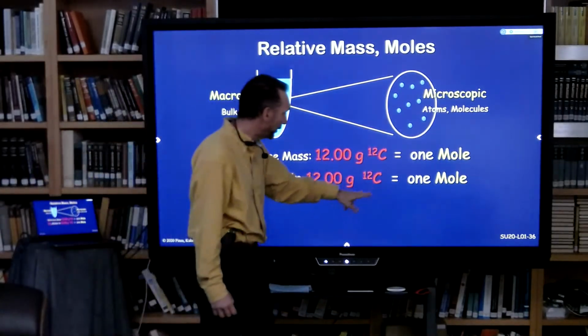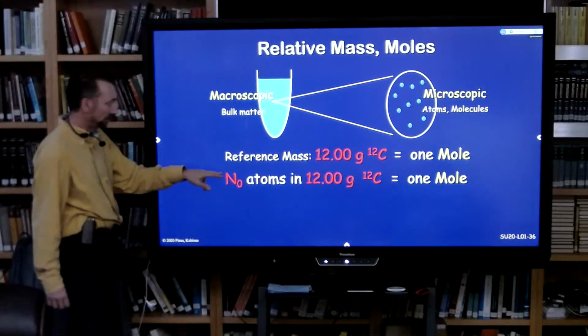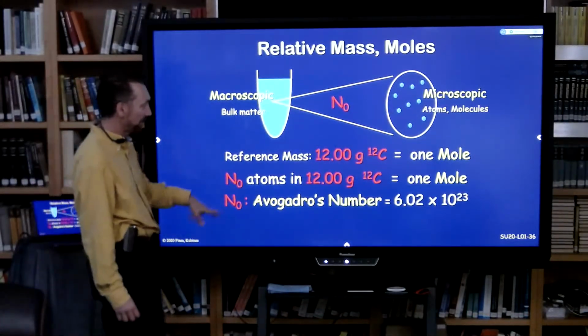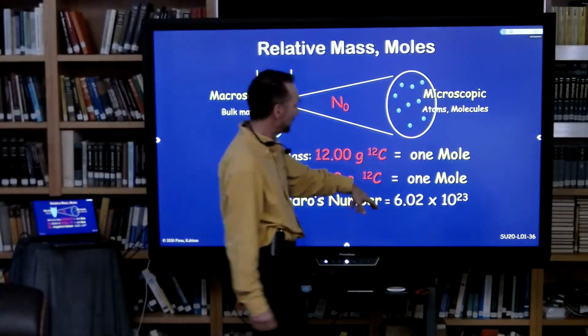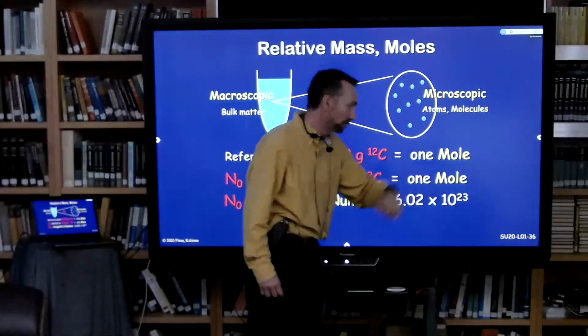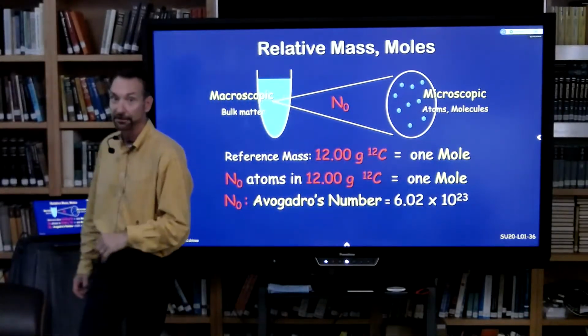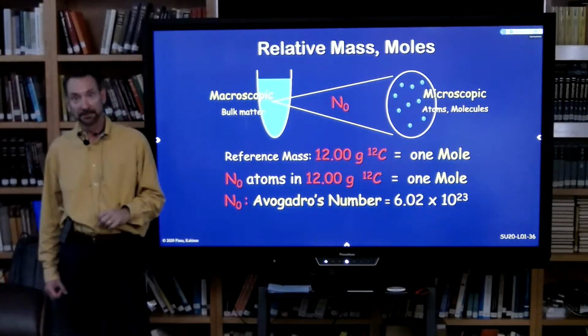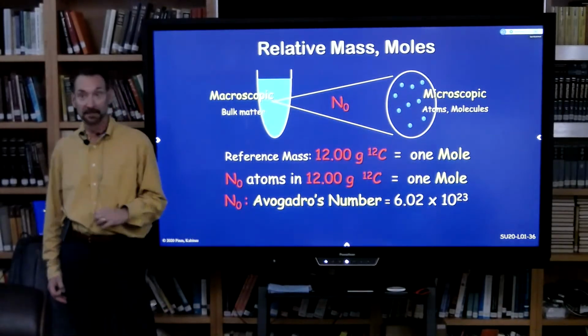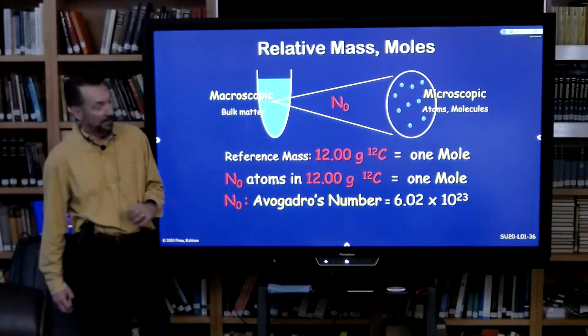The actual number, we give the symbol N0. We call it Avogadro's number. He was some ancient chemist who figured it out or came up with the first approximation of this number, and it's ginormously large, on the order of 10 to the 23rd particles. So that's a spectacularly large number.